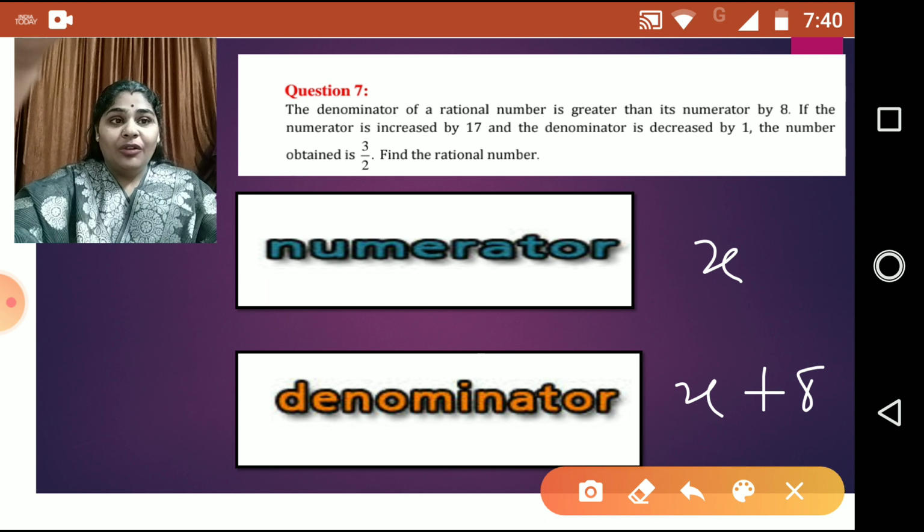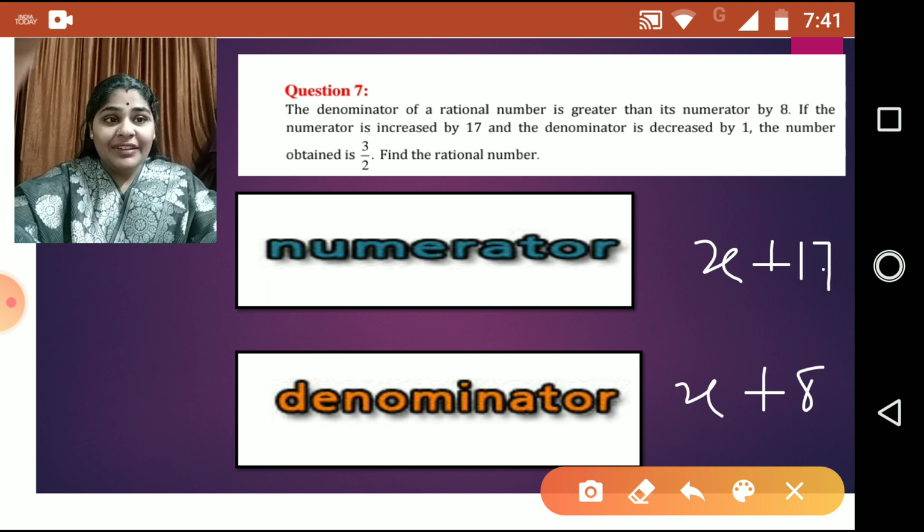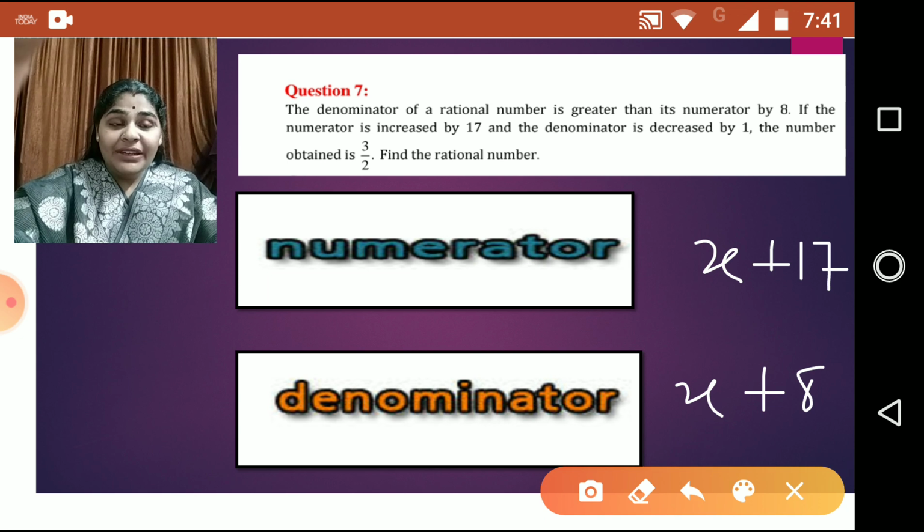Yes. Now further, if the numerator is increased by 17, it will be plus 17, right? And the denominator is decreased by 1. So here I can write minus 1 in the denominator.